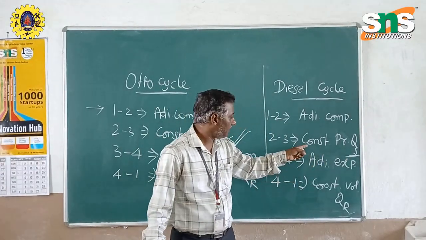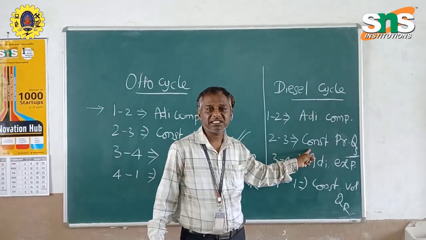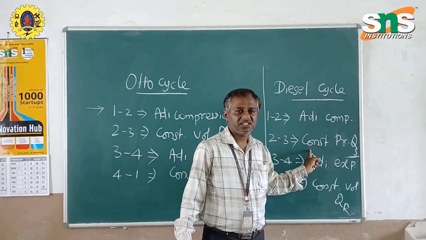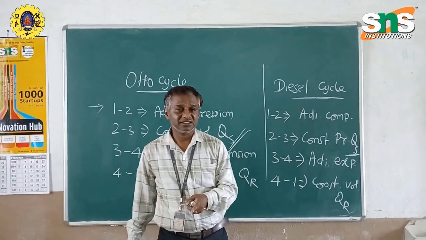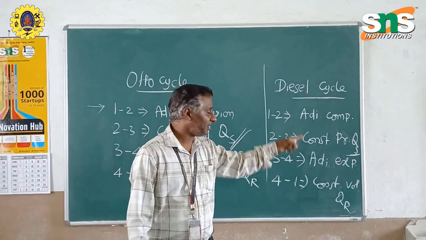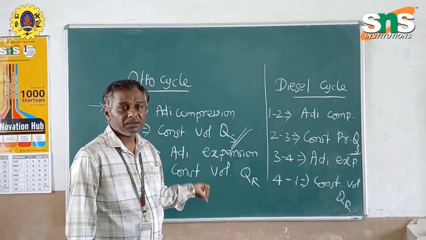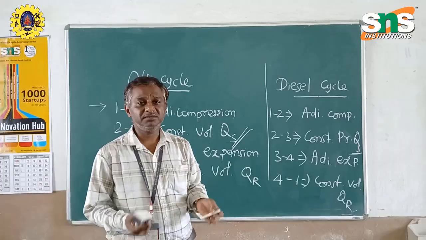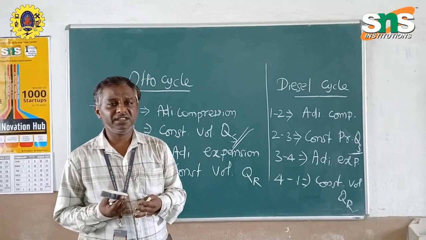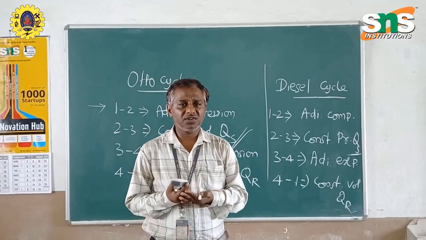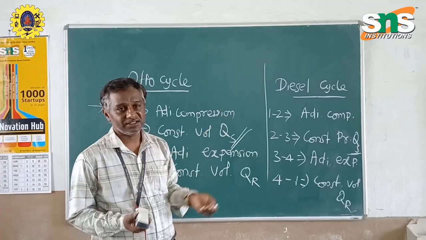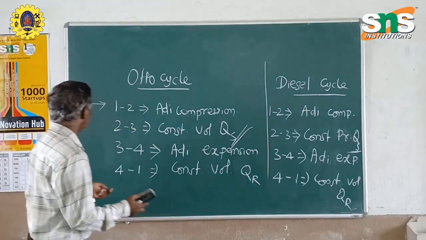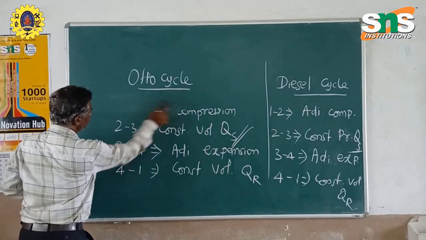Instead of keeping the volume constant, the pressure is kept constant in the diesel cycle. Other processes are the same, but there are some deviations in finding the efficiency of the Otto cycle as well as the diesel cycle. Then let's move on to the efficiency.